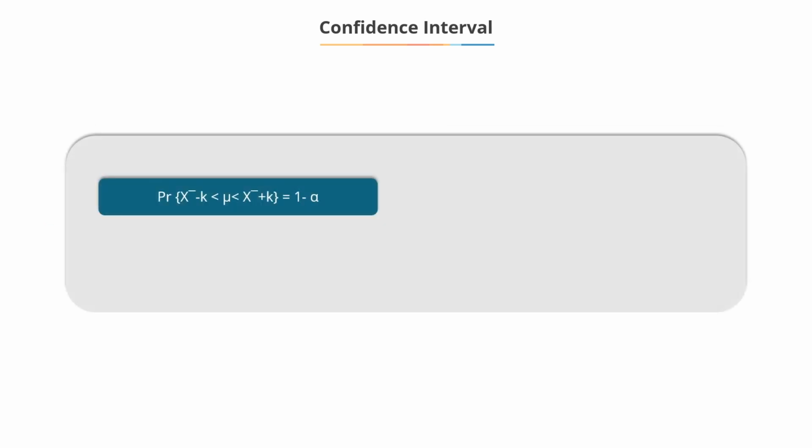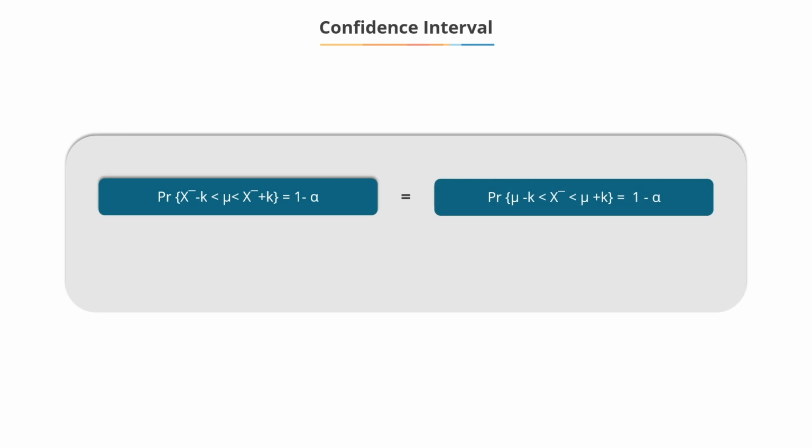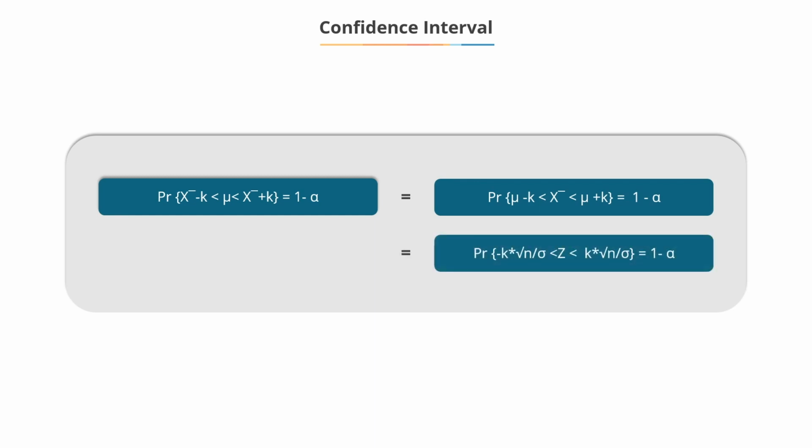Also, the probability of x bar minus k less than mu less than x bar plus k equals 1 minus alpha is equivalent to the probability of mu minus k less than x bar less than mu plus k equals 1 minus alpha, or the probability of minus k multiplied by square root n by sigma less than z less than k multiplied by square root n by sigma equals 1 minus alpha.